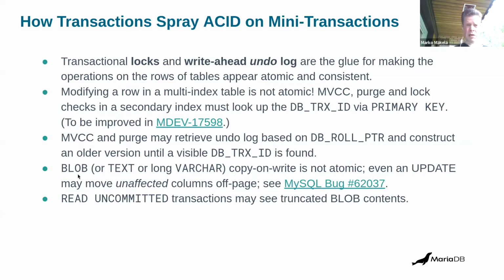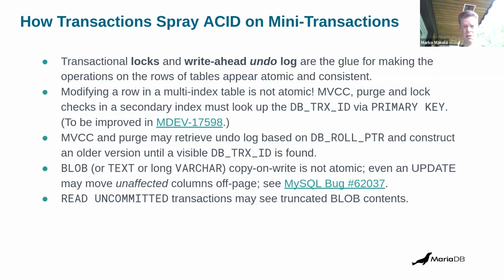Also, blob operations are not atomic. Same applies to text and long varchar columns. Even an update operation that is not updating a blob column may move some existing column to off-page storage. So that's handled by undo log. But the effect of this is that read uncommitted transactions may see truncated blob contents.